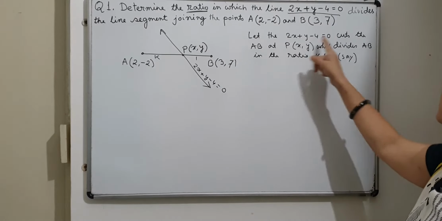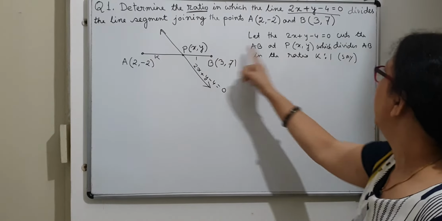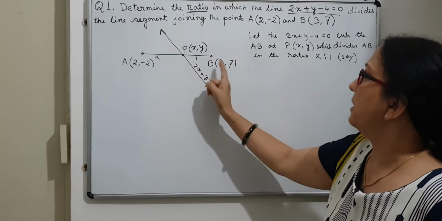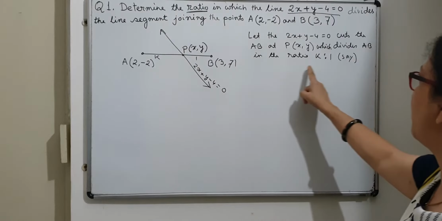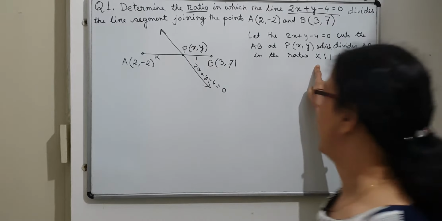So let this line cut AB at P, which divides this segment AB in the ratio k:1. In the question we have to find the ratio, which means we have to find the value of k. That is the question basically.